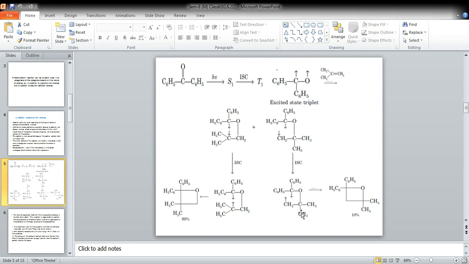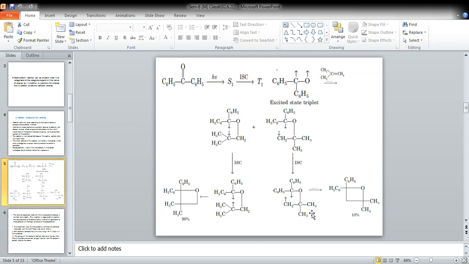See here, in this particular diradical obtained after intersystem crossing, tertiary free radicals are formed. This is also tertiary, this is also tertiary. Tertiary is more stable, and being more stable, it gives you the major product.